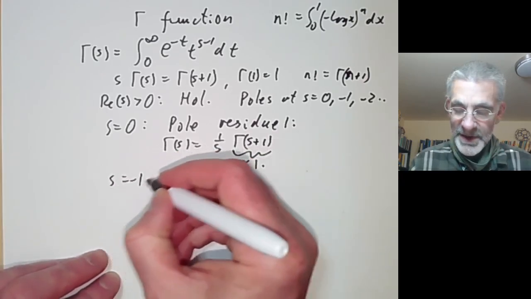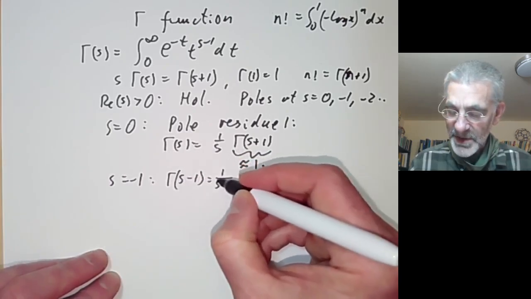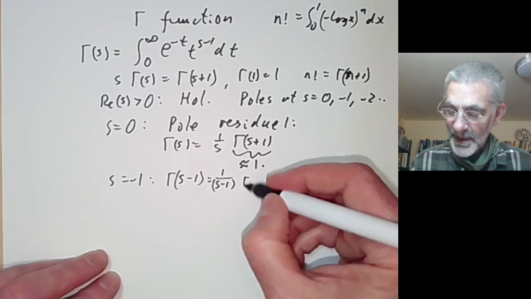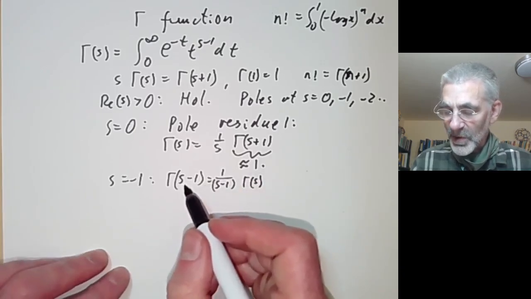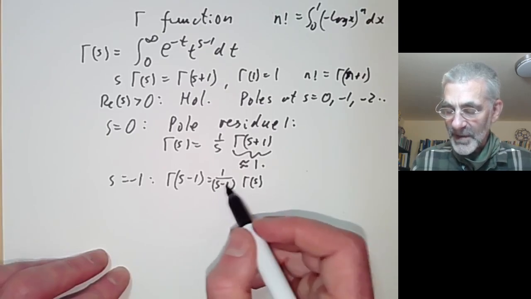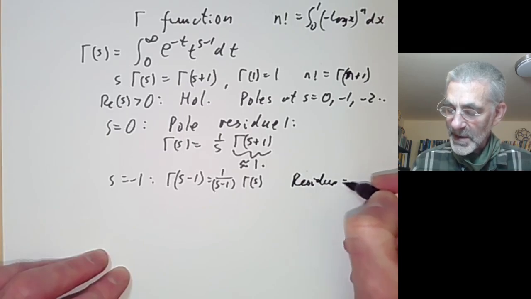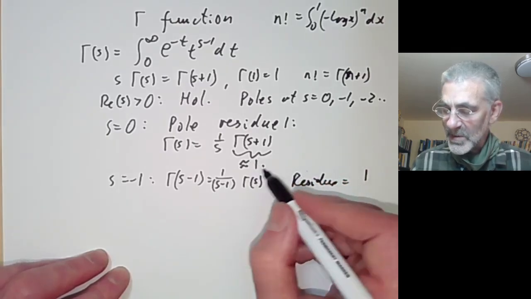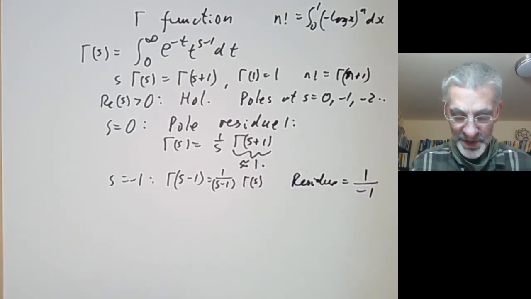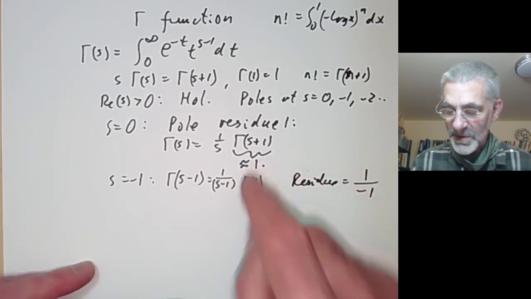At s equals minus 1, we compute gamma(s) = 1 over (s+1) times gamma(s+1). So for s approximately minus 1, this will be a pole, and we have to divide the residue of the previous pole by minus 1. So we find the residue is equal to 1, which was this one here, divided by minus 1. So the minus 1 comes from this minus 1, and the 1 comes from here.